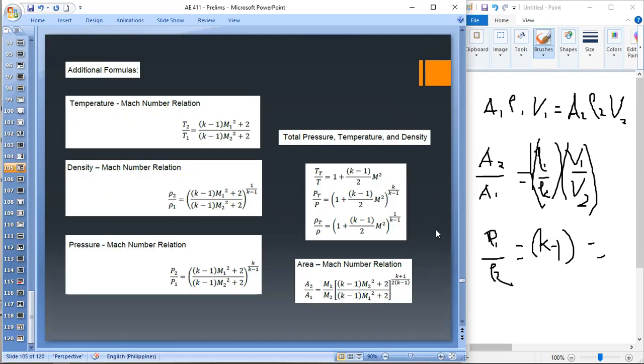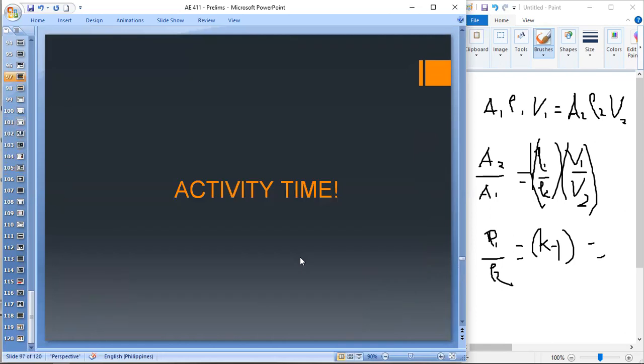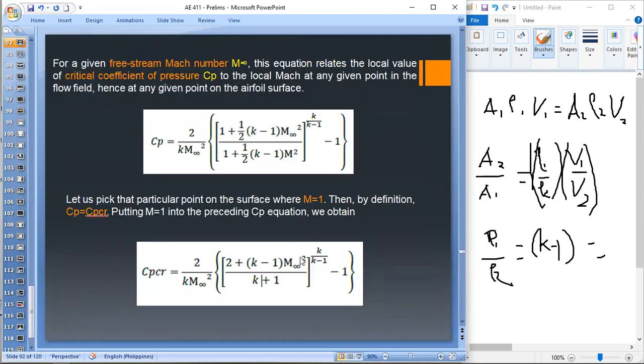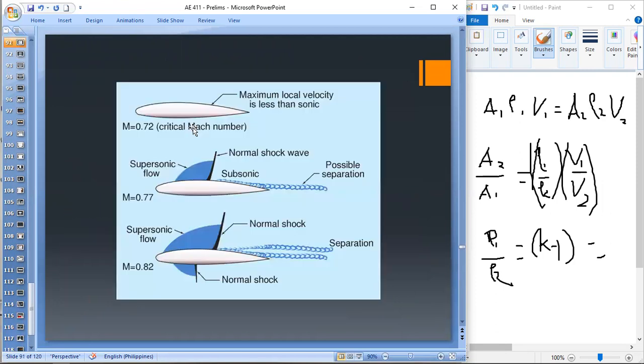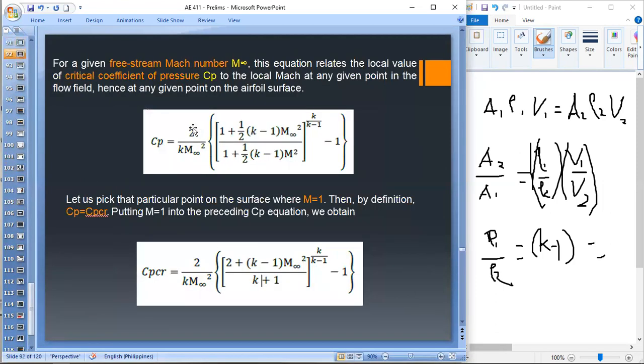Ito yun, guys: itong temperature Mach number relations natin, density and pressure. Sa CP, dito siya galing. Nag-substitute lang tayo ng mga parameters or equations na pwede natin magamit, tapos sinalpak lang siya dyan.